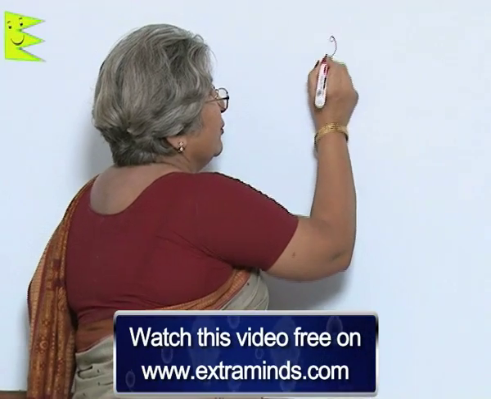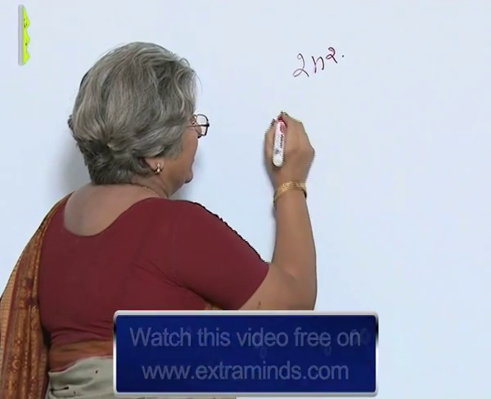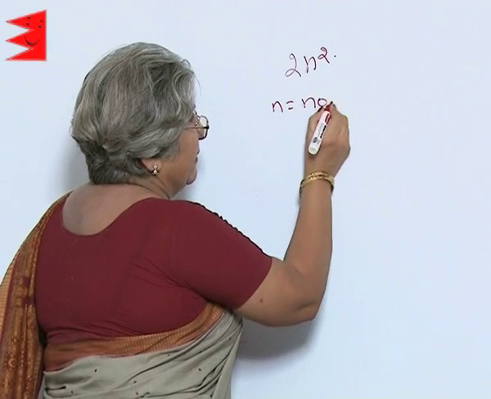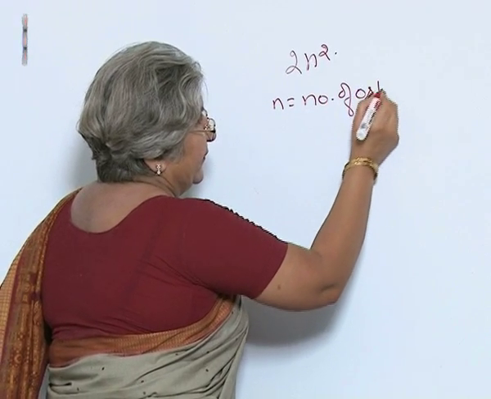But then the orbits can be more than one. So, how are electrons distributed? How many will go in the first, how many will go in the second, and so on. For this also there is a formula, that is 2n square, where n is the number of the orbit.